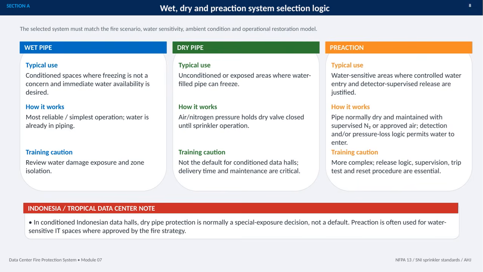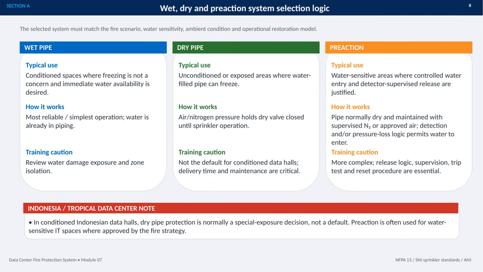Even so, we need to review water damage exposure and confirm that zones can be isolated. Dry pipe is intended for unconditioned or exposed areas where water-filled piping could freeze. Air or nitrogen pressure holds the dry valve closed until sprinkler operation. It is not normally the default for conditioned data halls because delivery time and maintenance become critical.